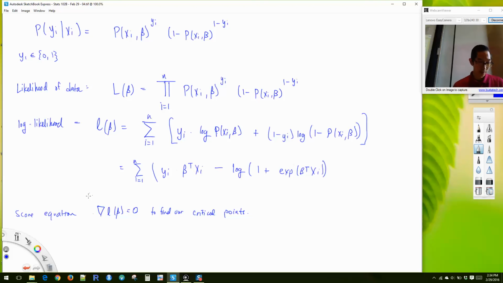The gradient is the derivative with respect to beta.